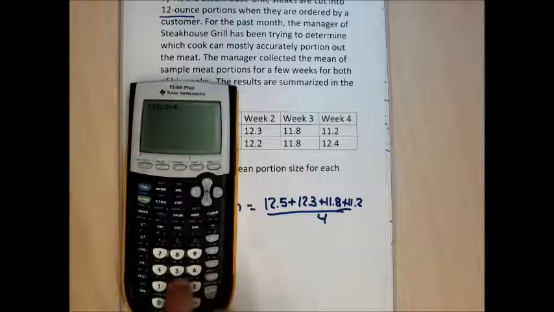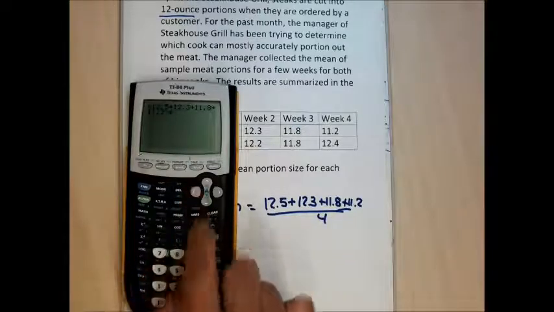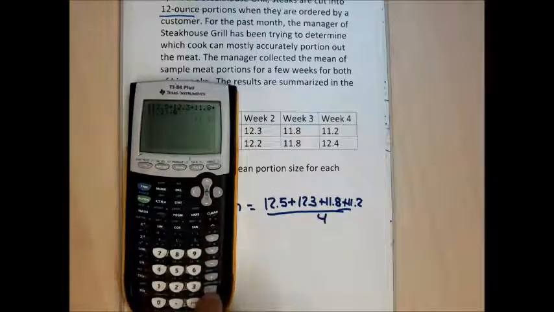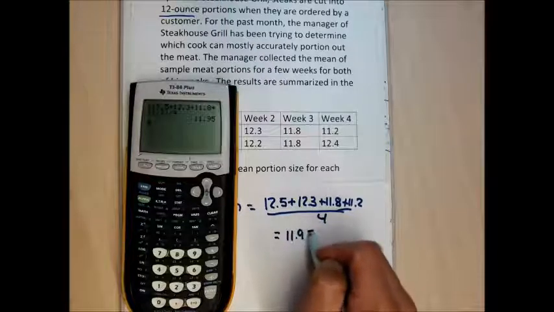So in parentheses, I'm going to put that numerator, and then I'm going to divide by 4 because there are 4 scores I'm averaging. And for Opie, I get his average is 11.95.